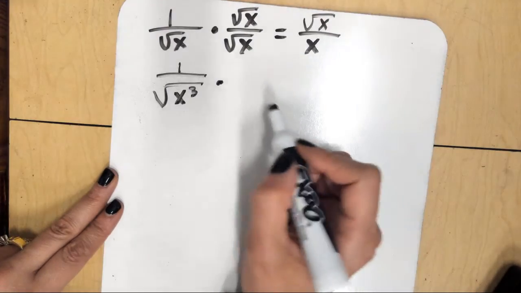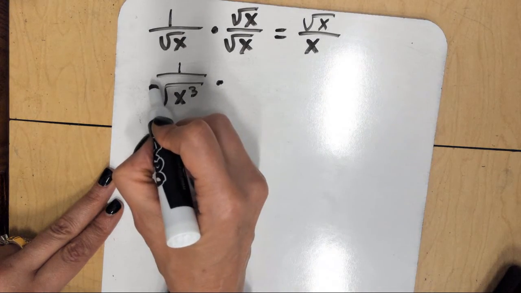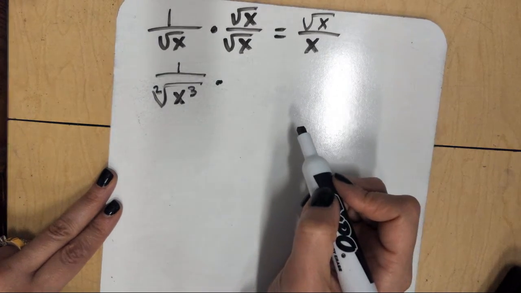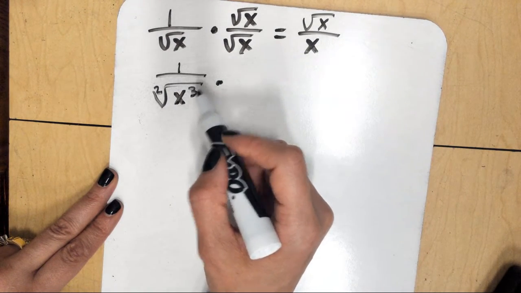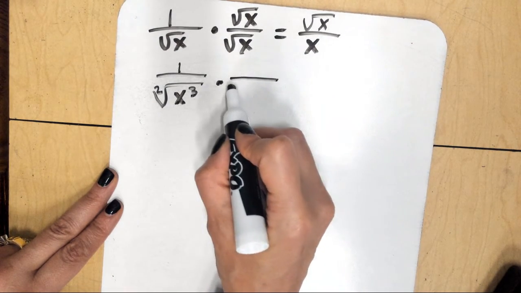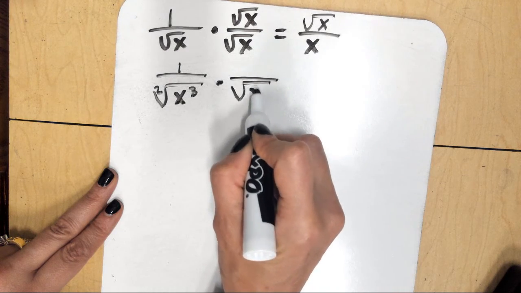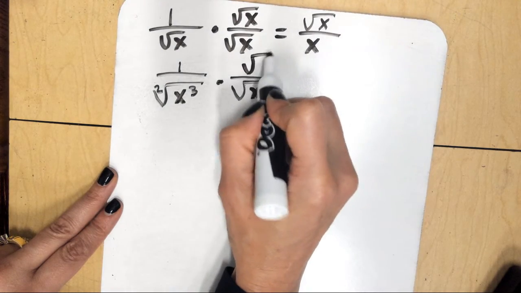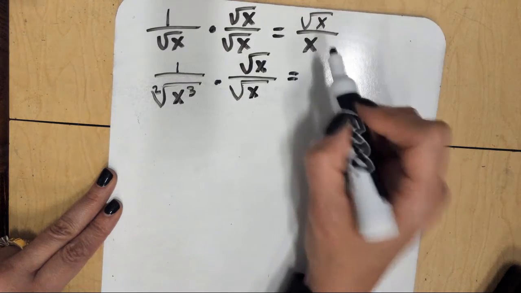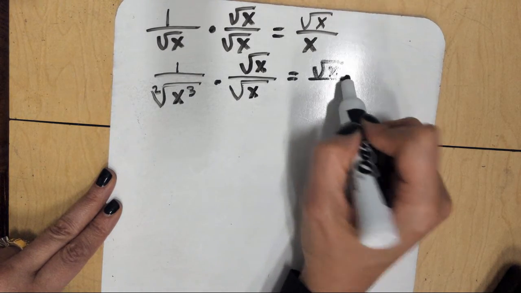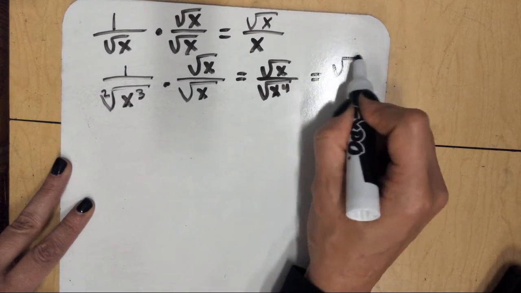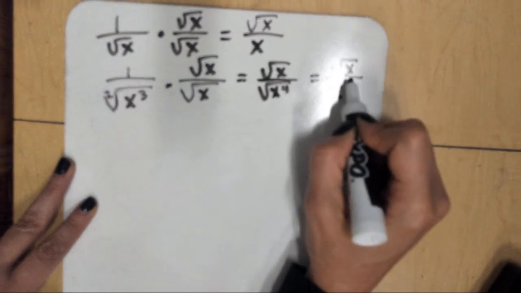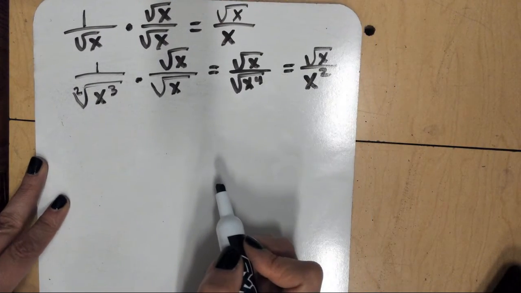I want to get rid of the radical. Again, I know there's a 2 in here, so I need this exponent to be even in order for me to get rid of the radical. So I can multiply this by just x. But whatever I do to the bottom, I do to the top. And so I get radical x over the radical of x to the 4th, which is a perfect square. So I have radical x over x squared. I got rid of the radical.